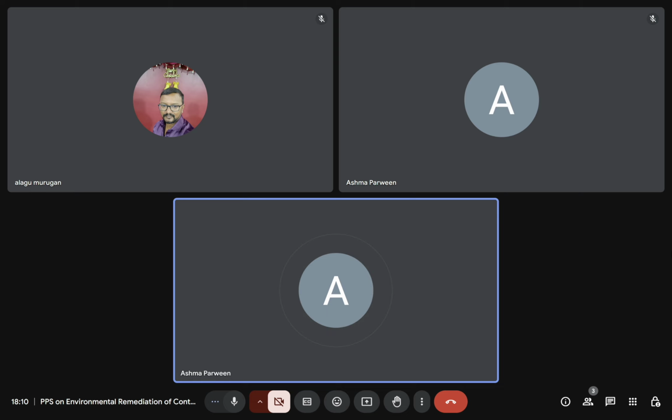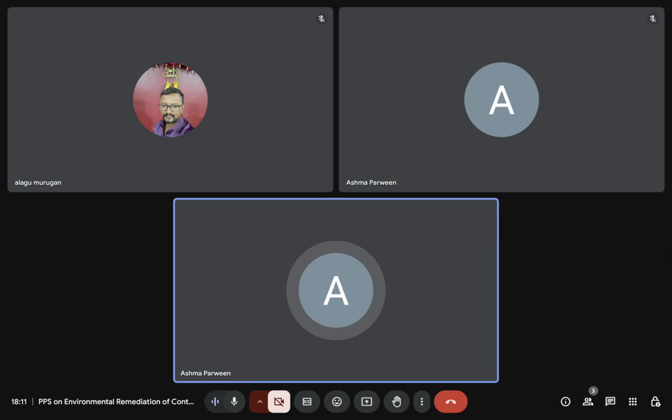And then we moved to the different methods for remediation of contaminated sites. The first method was the pump and treat method, where the groundwater is pumped and the contaminated water is treated on the earth's surface. We saw an example related to chromium: if the water is contaminated with chromium 6, that water was pumped, and on the ground surface it was reduced to chromium 3.